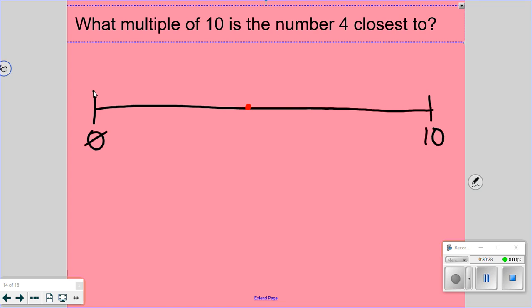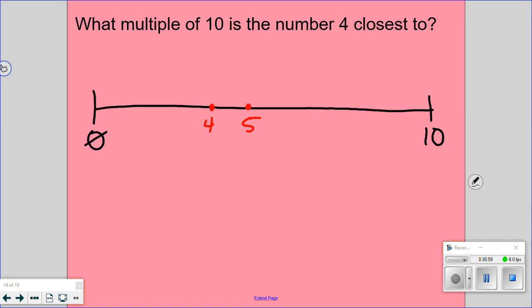Zach, what's the midway point? 5. Where's 4 gonna go? John, where's 4 go? Is it gonna go before 5 or after 5? Before 5. Now that we've got 4 there, which endpoint is it closer to?